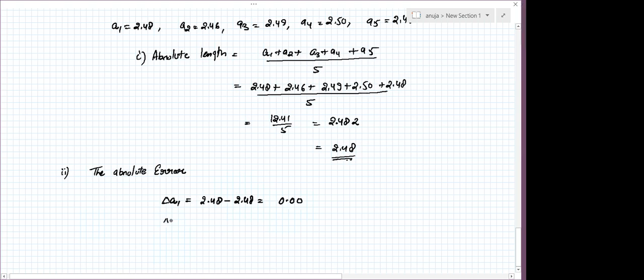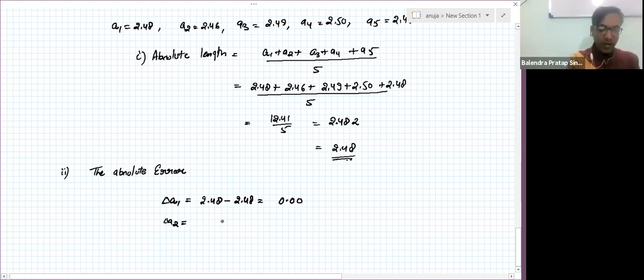Next, delta A2. Now I can do fast. Delta A2 is 2.48, which is our true value, minus its measured value, 2.46. So here the value is 0.02. Is it clear? Now next, A3. A3 is 2.48 minus 2.49, so the value is minus 0.01.